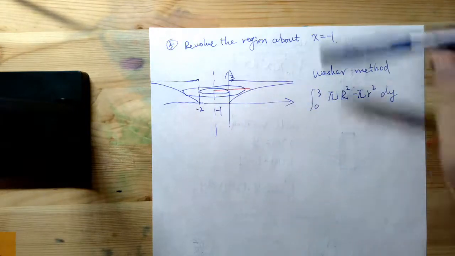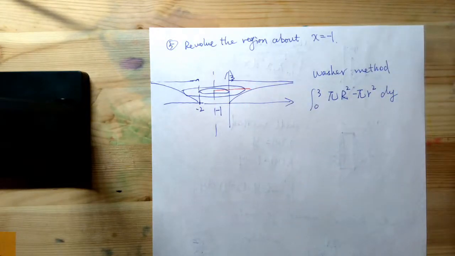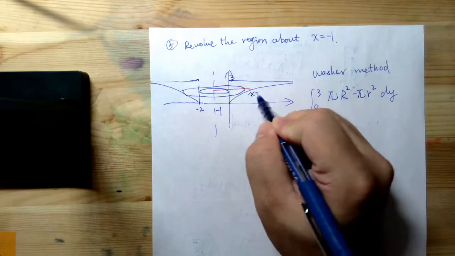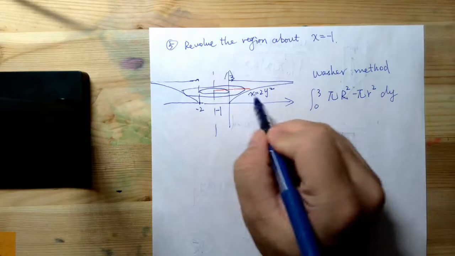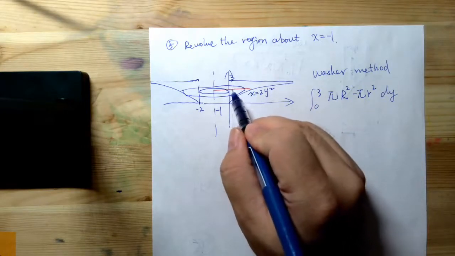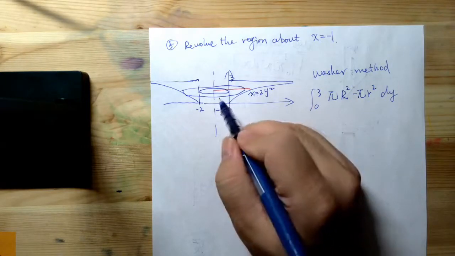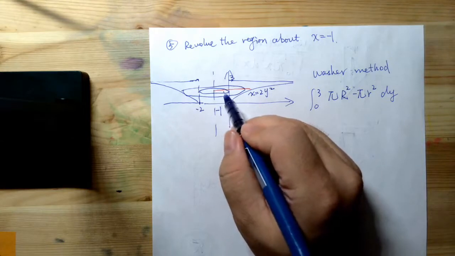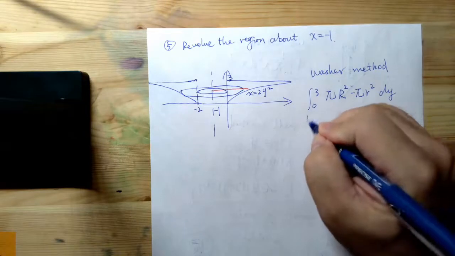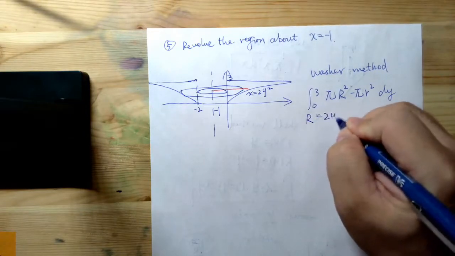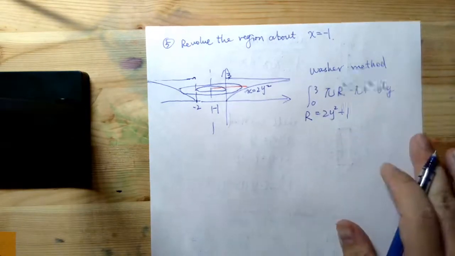Okay, so we know that this is x equals 2y squared. And it's already in a perfect format. This part is just 2y squared. And then as long as you add a 1, that'll give you the bigger radius. Okay, so this R is going to be 2y squared plus 1. Okay.